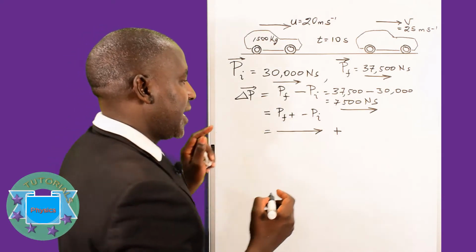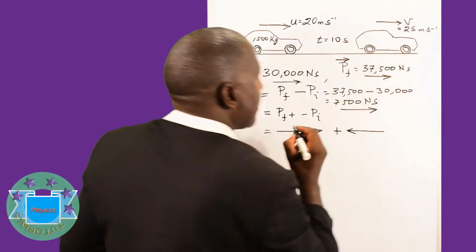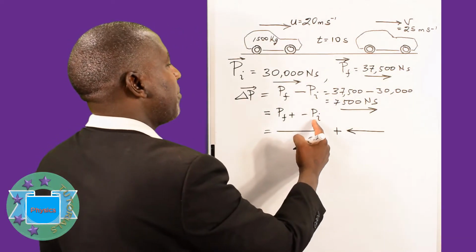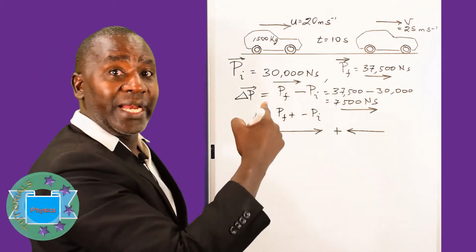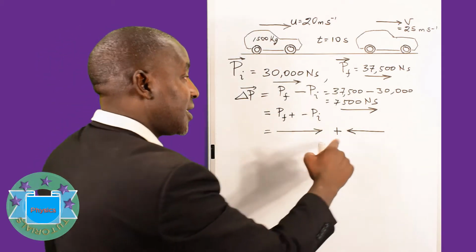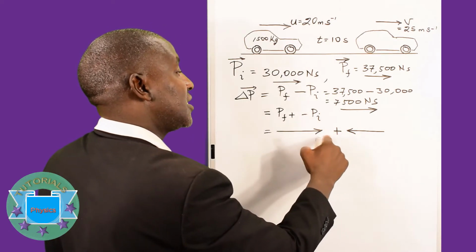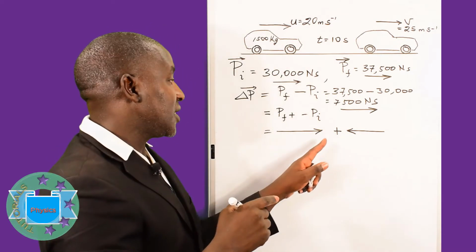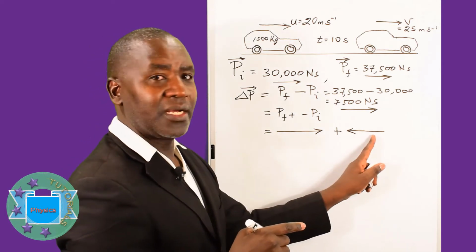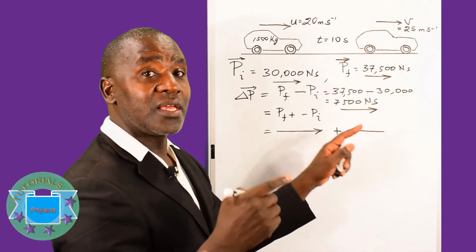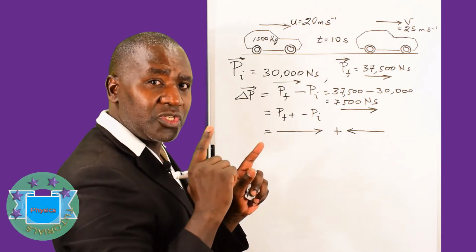This negative sign will show that the direction of the initial momentum, which is to the right, now has been made to move to the left. That is the meaning. So you can see the negative sign has disappeared from here, and it's as if I'm just adding 2 momenta using the head-to-tail method.